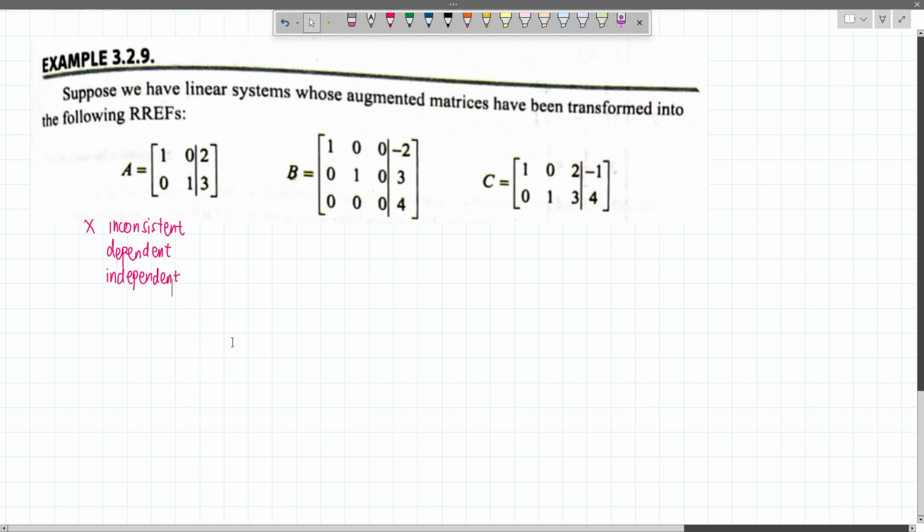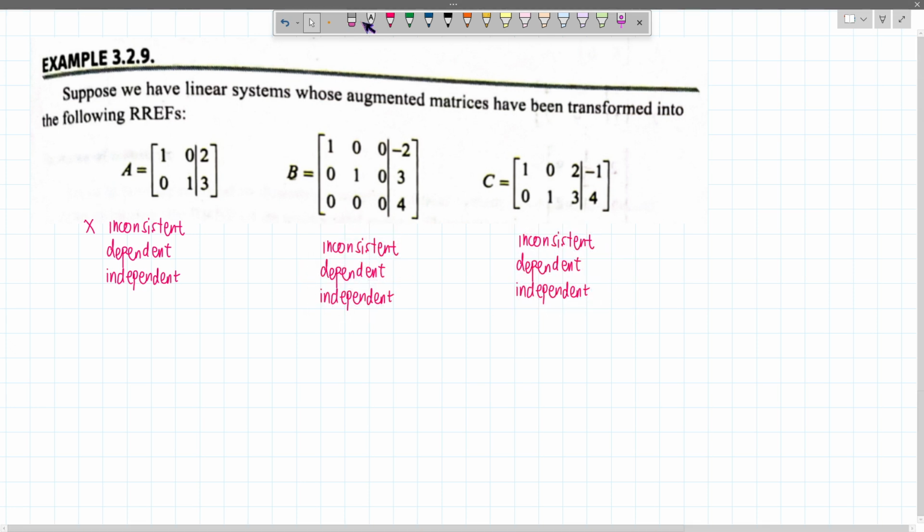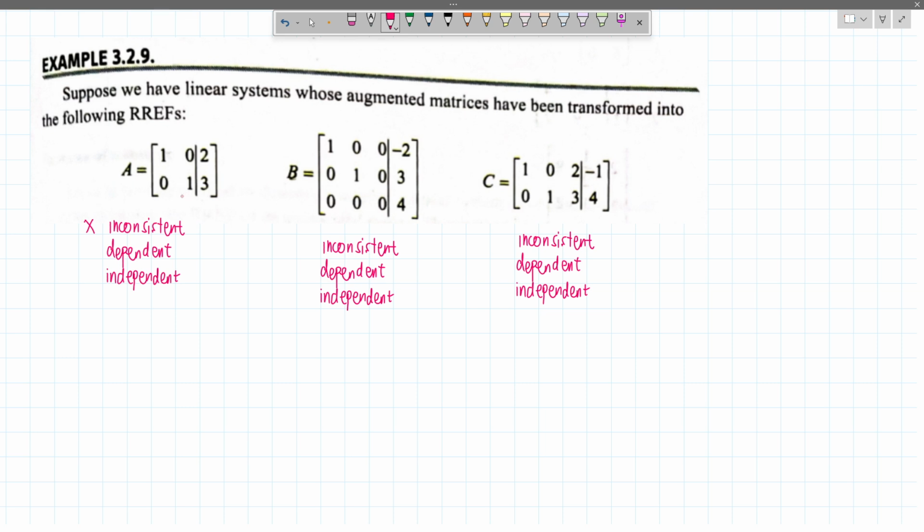You can pause the video if you want to try to answer. Again, it's not inconsistent because we don't have a contradictory row. It is not dependent because every column here has a leading one. So it is independent.